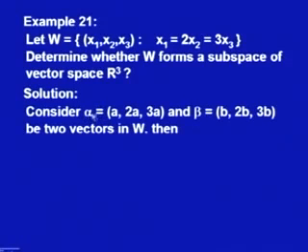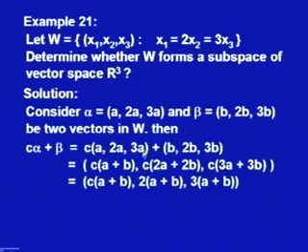We consider alpha in W, which is (a, 2a, 3a), because this condition has to be maintained, and beta is equal to (b, 2b, 3b), be the two vectors in W. Then C alpha plus beta is C times the alpha vector plus the beta vector.